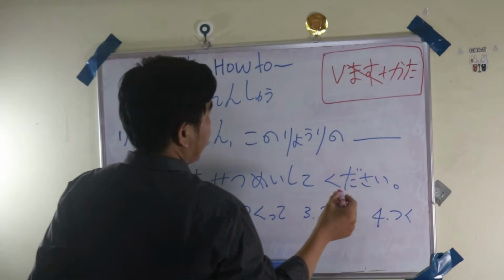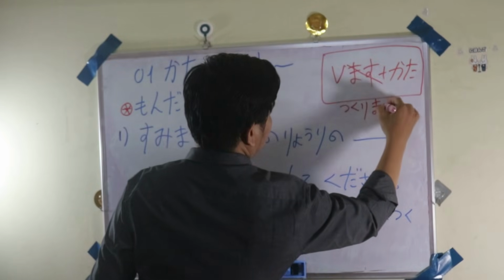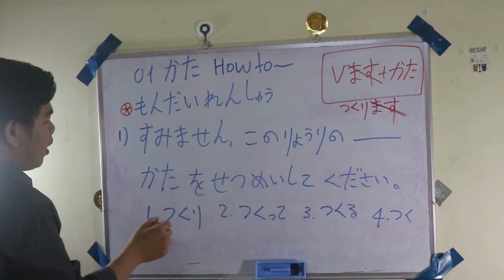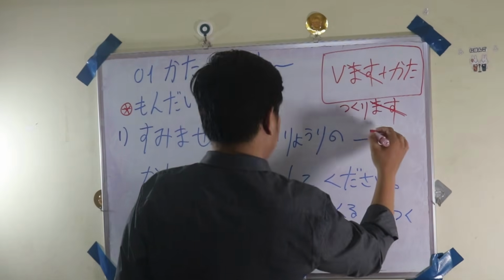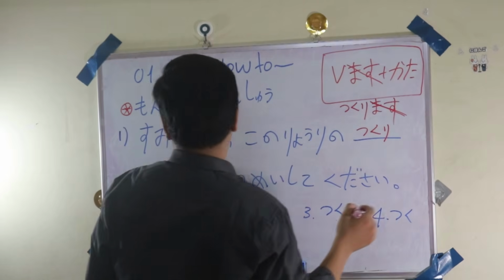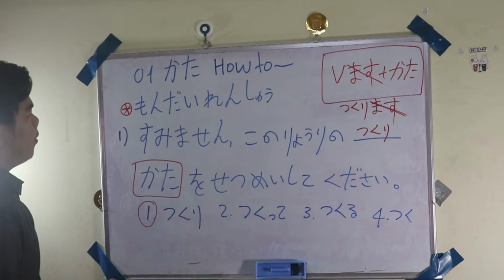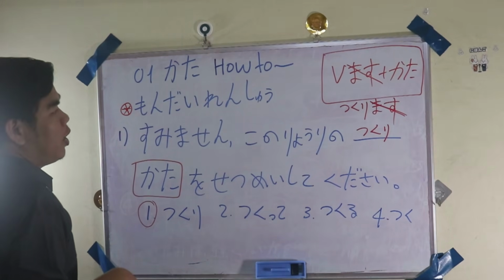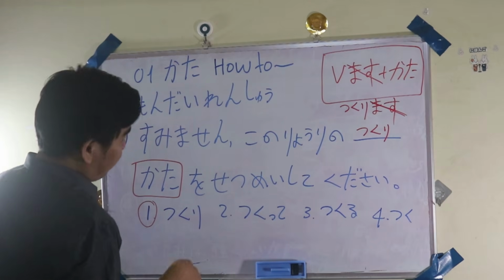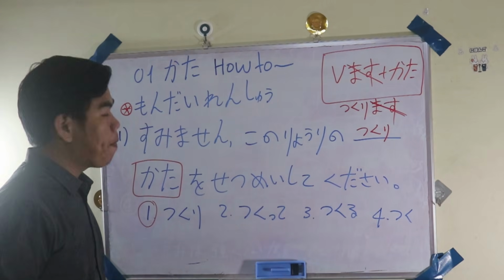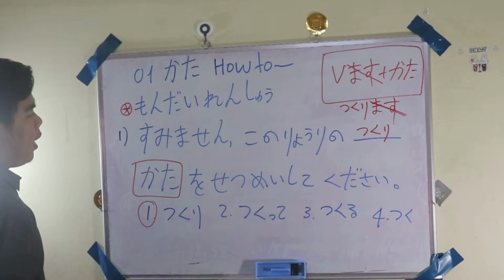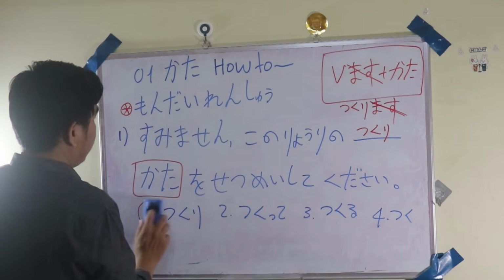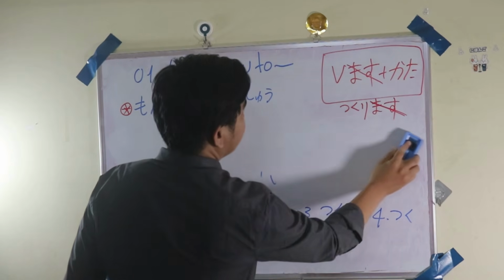Take the word 作ります; you delete ます. The correct one is number 1, 作り方. すみません、この料理の作り方を説明してください。 Sorry, can you explain how I make this food, because I want to understand the way. That's correct, number 1. Everyone, please remember. Next is number 2; when you remember the form, the exercise is easy.